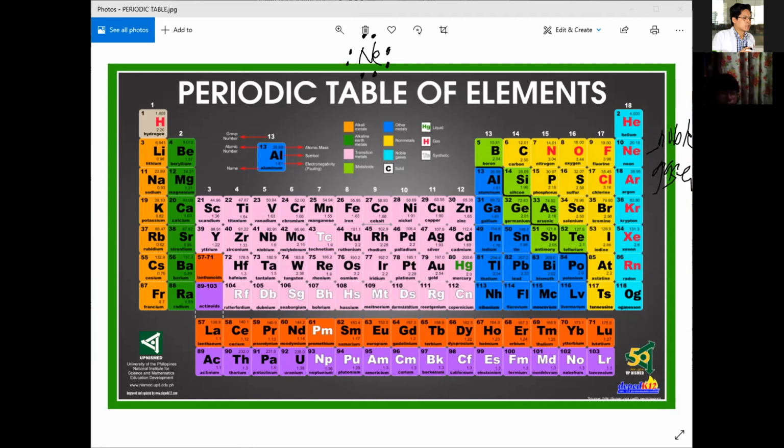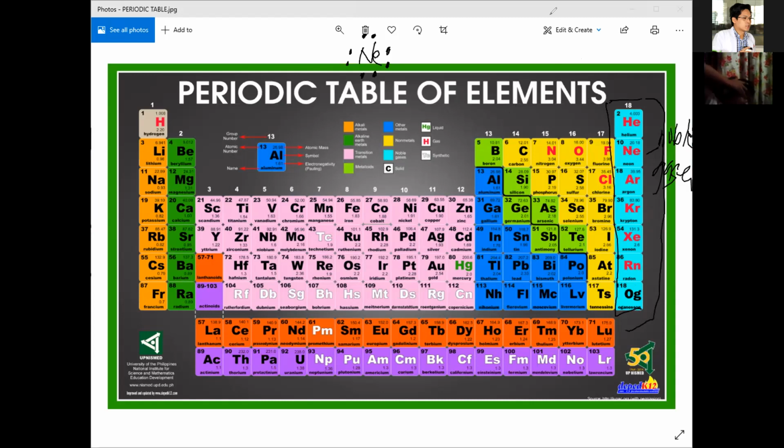Can you see my shared screen? Yes, sir. Okay. So in this area here, these are considered as the noble gases. How about helium, sir?